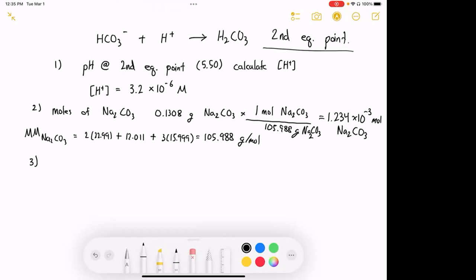I just want to make sure I'm on the right page. Ah, I see. Oh, okay. All right.